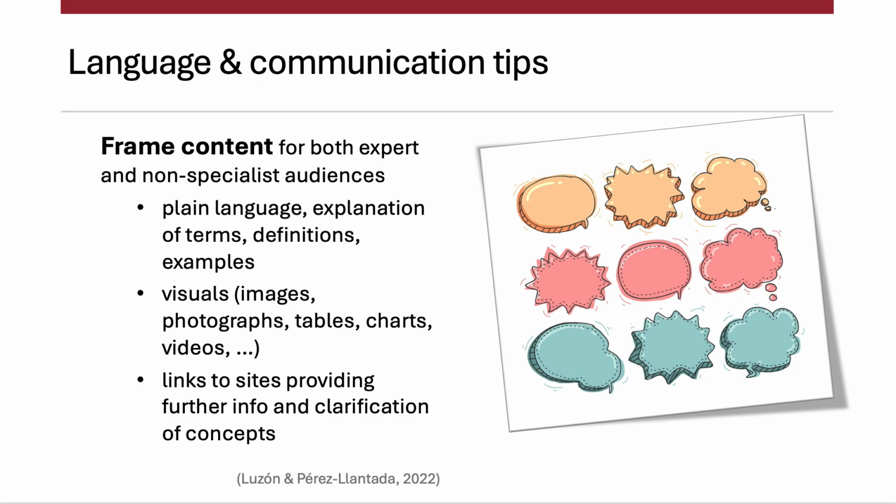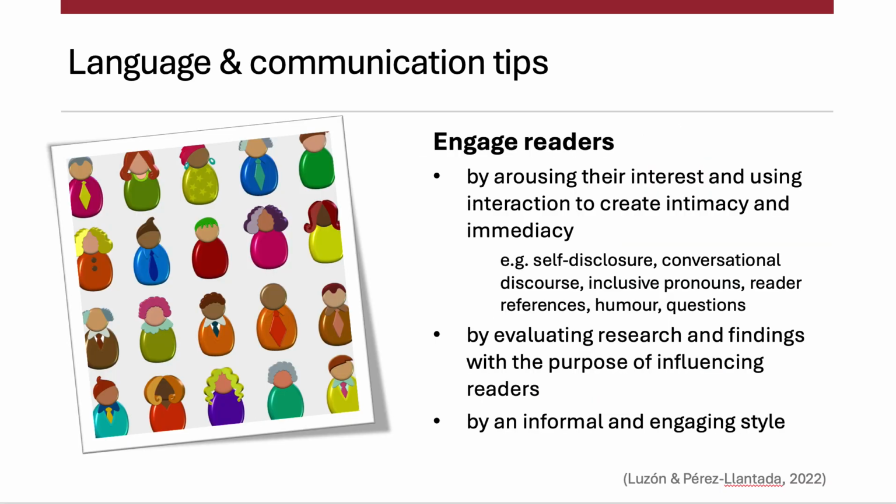Try to avoid specialized jargon, and if you use it, define the concepts and explain the terms. Give examples. You can also use visuals for illustration and clarification purposes. And you can provide links to external sources or websites providing clarification or concepts for non-experts or additional specialized information for peers. And last but not least, use strategies to engage your readers.